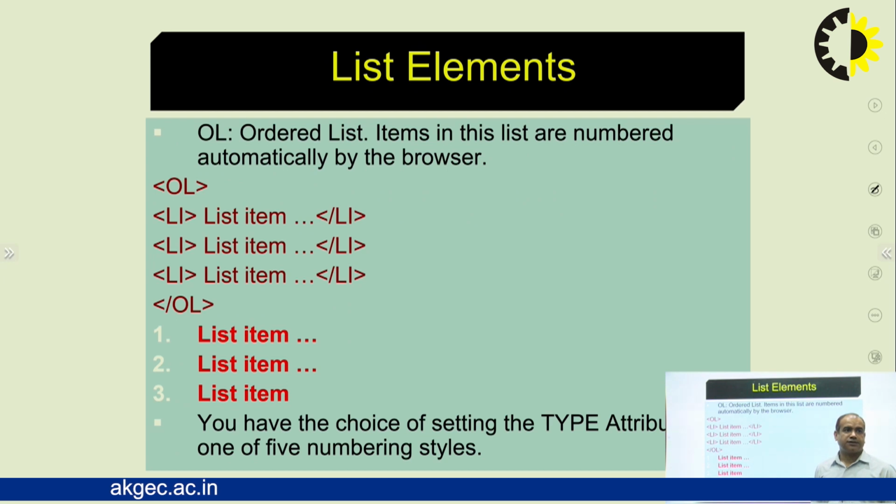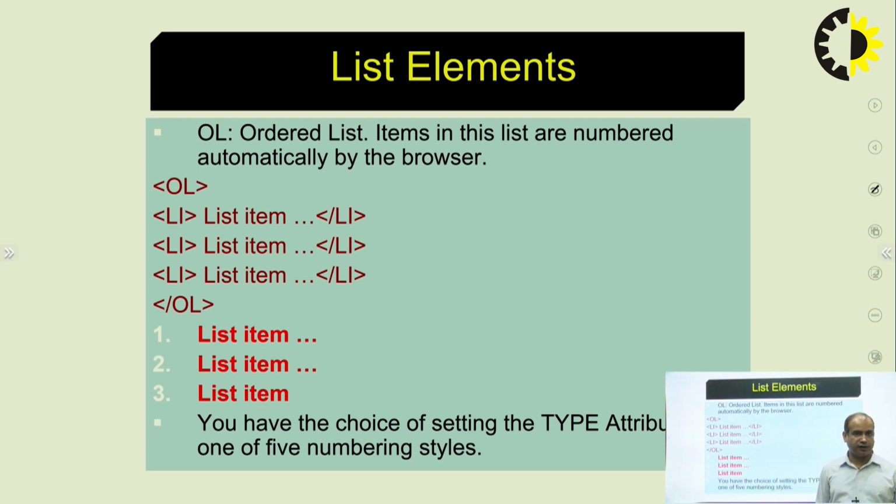Next, if I want to make an ordered list, where the list item marks are given in numeric value, alphabet or Roman, then we will use ordered list. In an ordered list, items are numbered automatically by the browser. It always starts with 1, 2, 3 by default, or if I wish to use alphabet order, then A, B, C, D will be the markers.